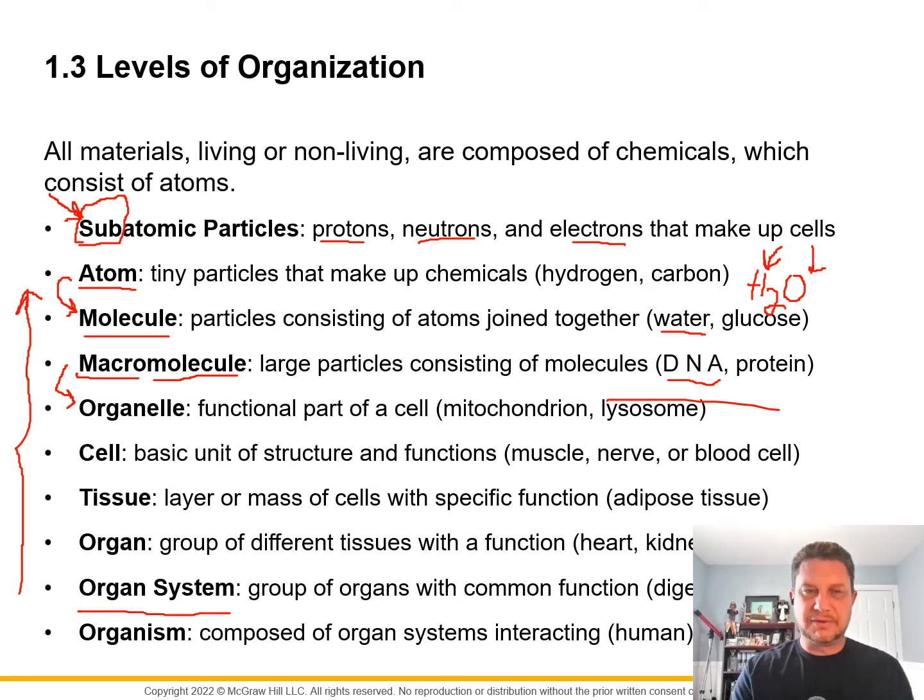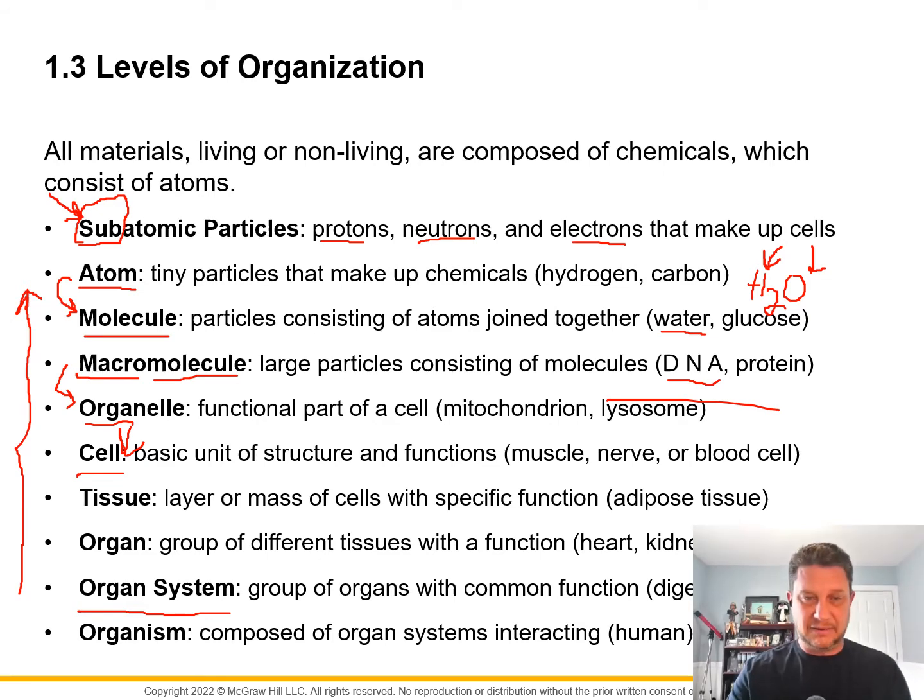And you can remember that an organelle is the organ of the cell because these get together to form cells. So organelles like mitochondria, ribosomes, Golgi apparatus, rough and smooth endoplasmic reticulum, lysosomes, all these different things, work together in a thing called a cell.